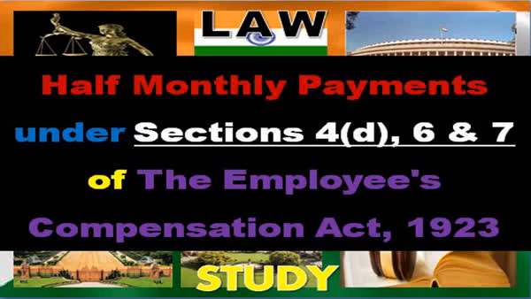Explanation 1. Where more injuries than one are caused by the same accident, the amount of compensation payable under this head shall be aggregated, but not so in any case as to exceed the amount which would have been payable if permanent total disablement had resulted from the injuries.